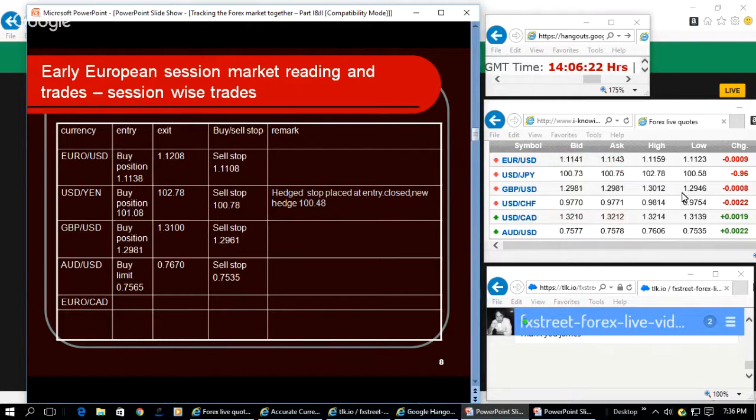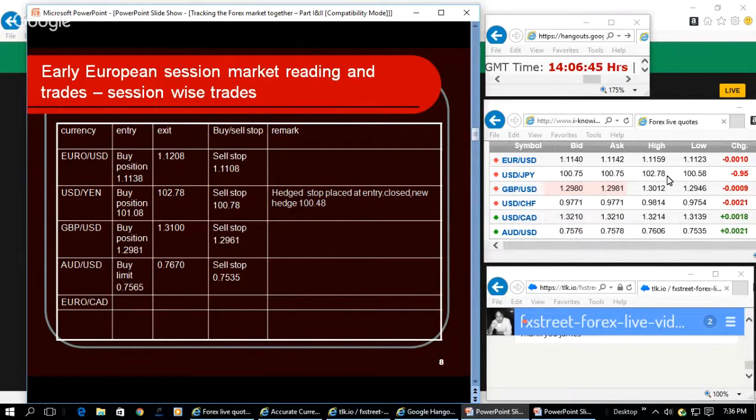As I explained to you during the European session, USD/JPY was having a low around the 101.50 level, and they made a brief downward move into 101.08 before the BOJ press conference and went up to 102.78.